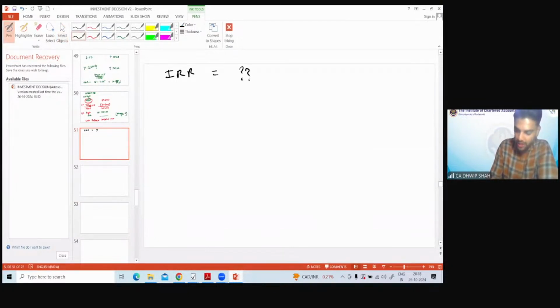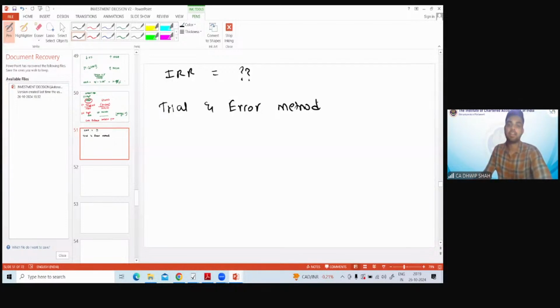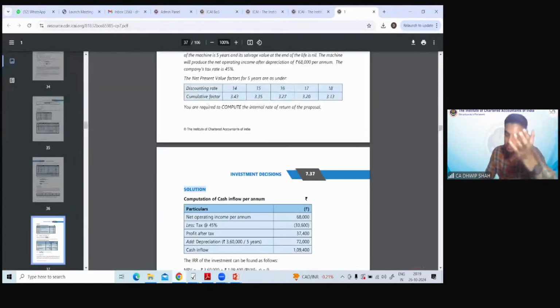Okay, that is what they have asked. And to calculate IRR, we know we have to use the trial and error method. Now here our trial one will not start at 10% because the question has not mentioned anything about 10%. They have directly given from 14%. So use the hints that the question gives. So start from 14%.